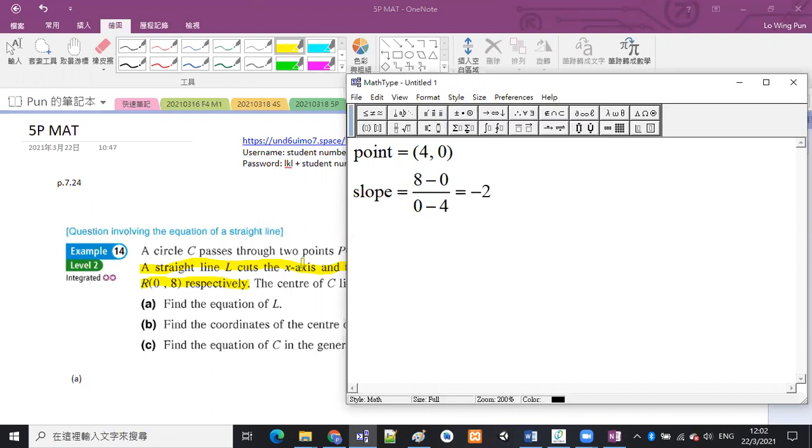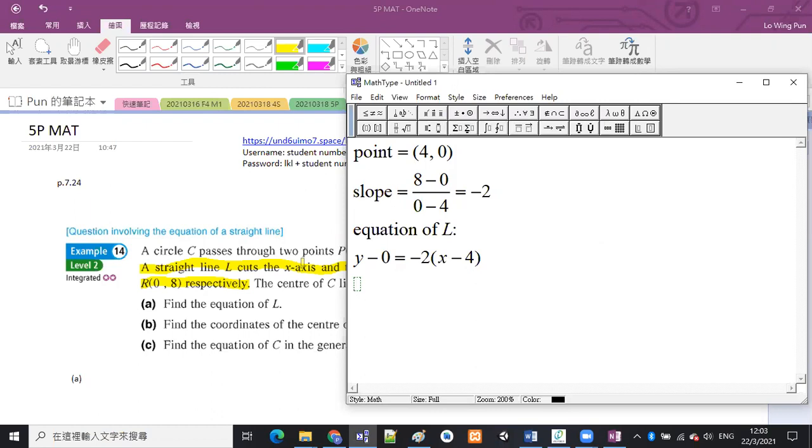So now we have the point, we have the slope, and then we can write down the equation by the point slope form. So the equation of L should be y minus y1 equals m bracket x minus x1.